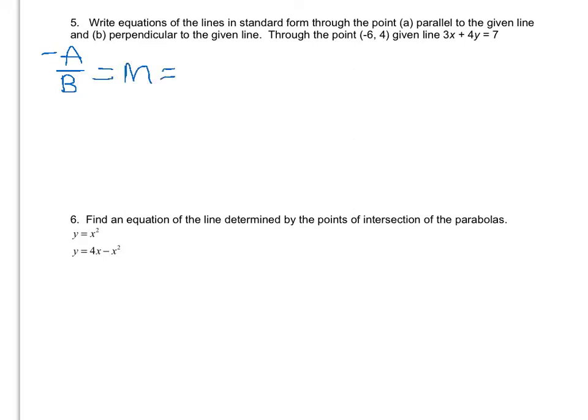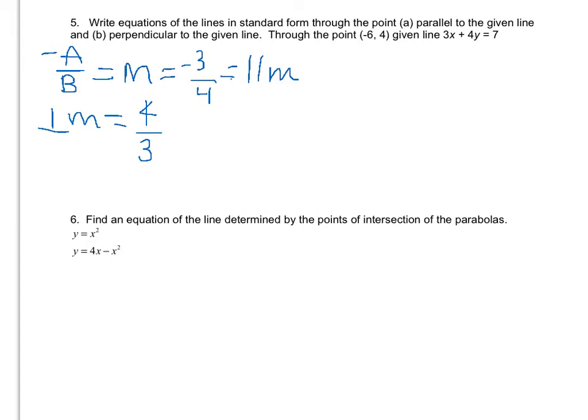For this line, that is -3/4. Parallel slopes are the same, so that would be your parallel slope. If you want a perpendicular slope, you would take the negative reciprocal of the given slope, which would make that 4/3.